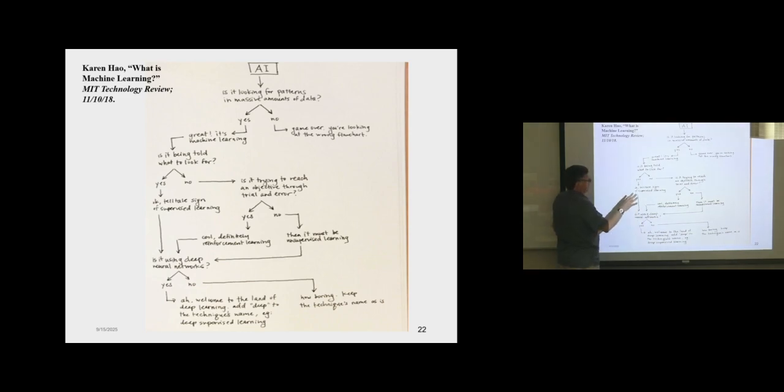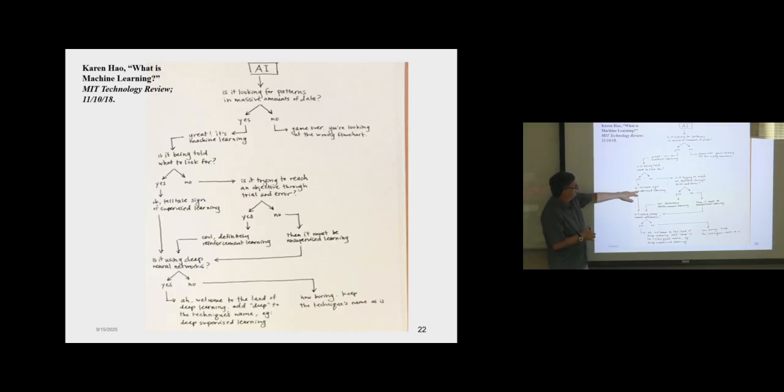Now notice, it's just another way to get at the definitional slide we had before. Notice what happens. Supervised, reinforcement, and unsupervised all come into the same juncture here. Are you using deep neural networks? Now, if you say yes, welcome to the land of deep learning. What does that mean?